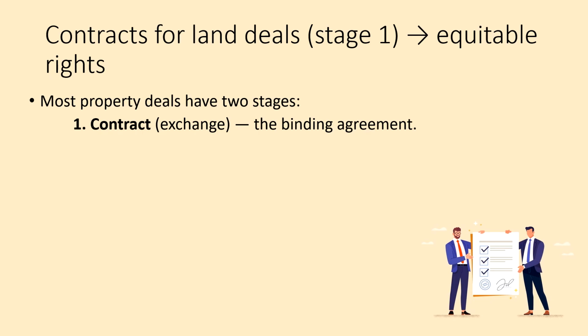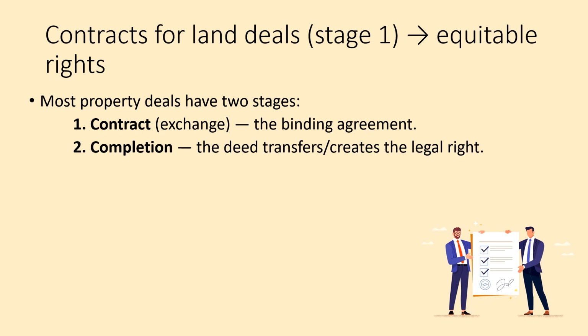So if you've done contract law already, you should know those key elements that are definitely required. And then at a later stage, when you've sorted out any issues with, I don't know, selling property with the onward chain, that kind of thing, then you will only get to the actual deeds where you transfer the legal rights.